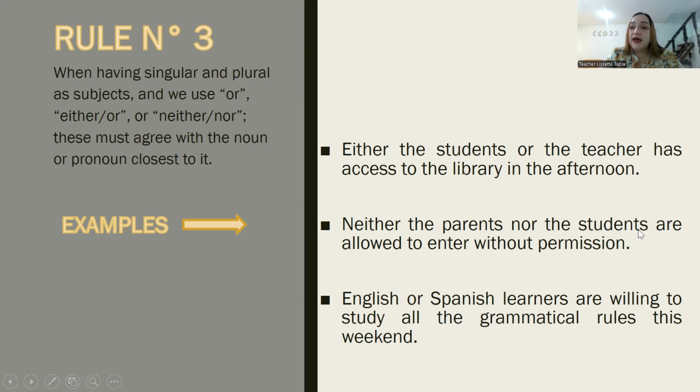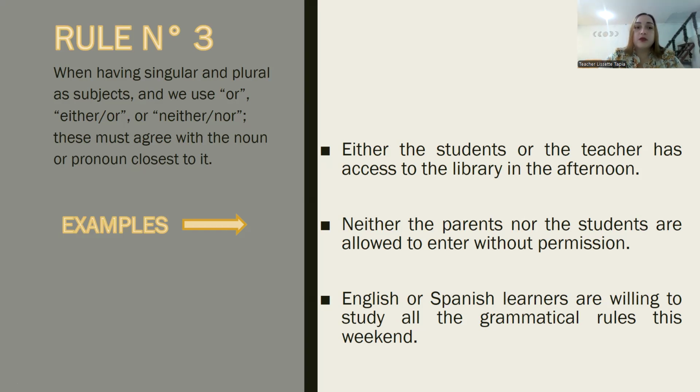As you see, I have a plural noun before the verb, so I use a plural verb. But in the first example: either the students or the teacher has access to the library in the afternoon. Here I am using a plural and a singular. As the singular is before the verb, I have to use a singular verb, so I follow rule number 3.